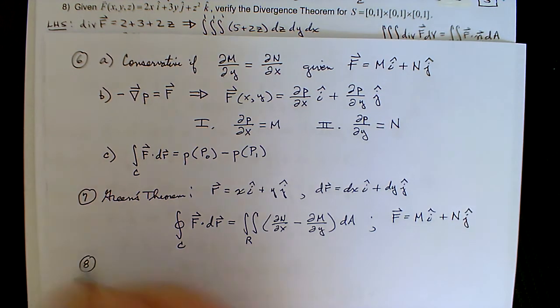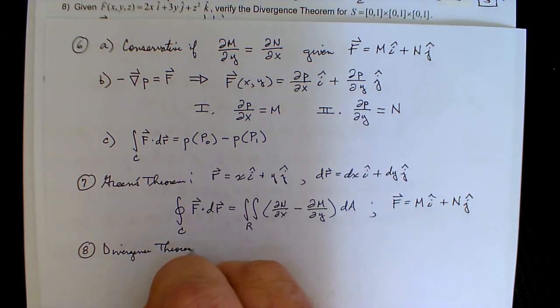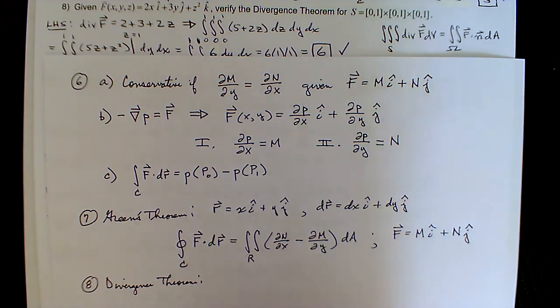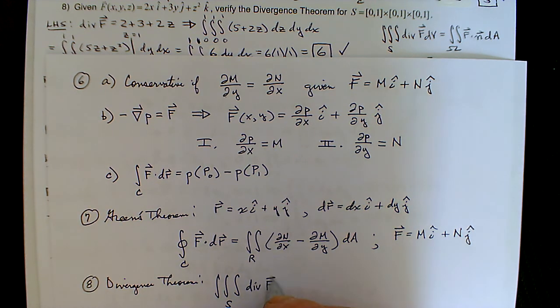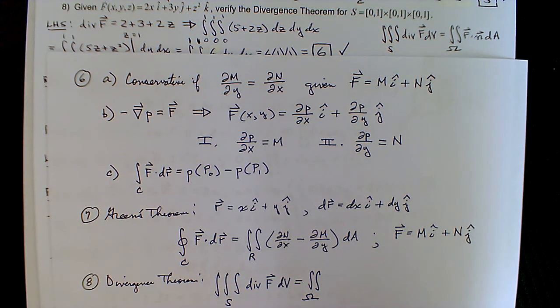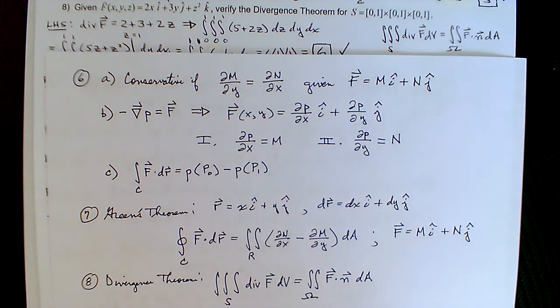Just to reiterate it: it is the triple integral over the solid of the divergence of f times the differential of volume, is equal to the double integral over the surface, omega, of f dot n times the differential of area. So once again, to verify that, we're going to work on both sides.